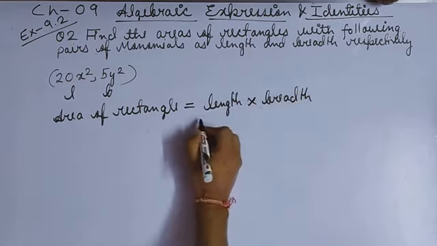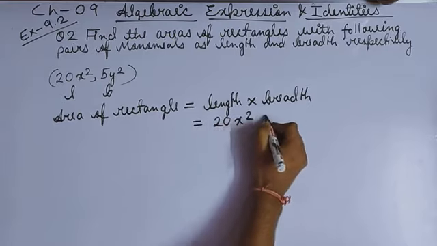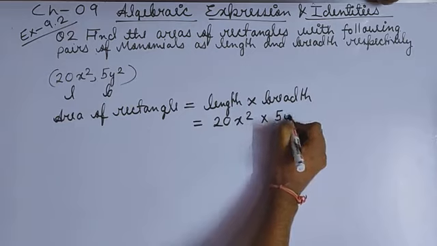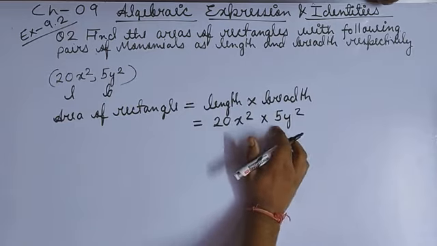Here the length is 20x square and the breadth is 5y square. So you have to multiply the monomial 20x square by another monomial, 5y square.